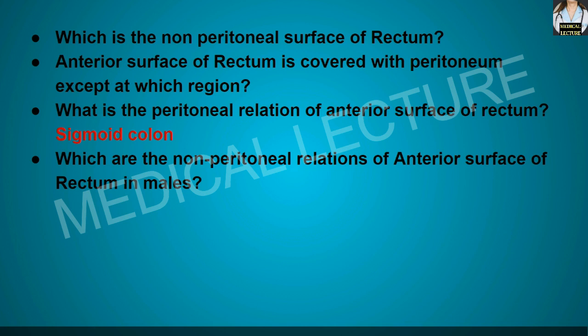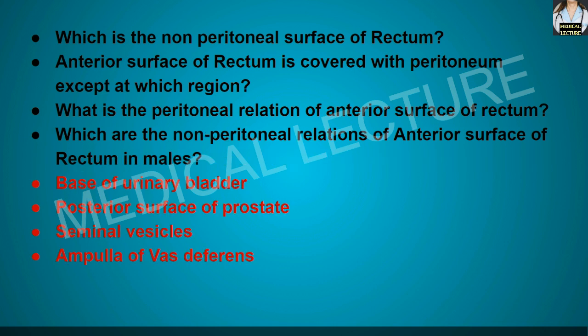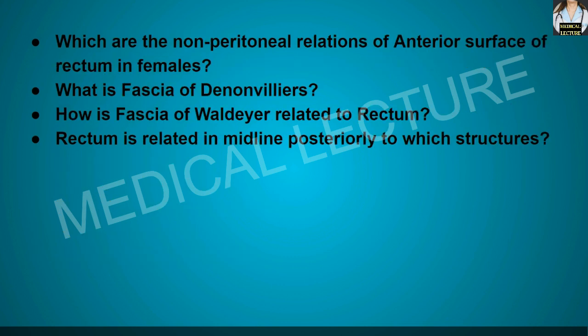Which are the non-peritoneal relations of the anterior surface of the rectum in males? There is the base of the urinary bladder, posterior surface of the prostate, seminal vesicles and the ampulla of the vas deferens. Which are the non-peritoneal relations of the anterior surface of the rectum in females? There is the vagina.